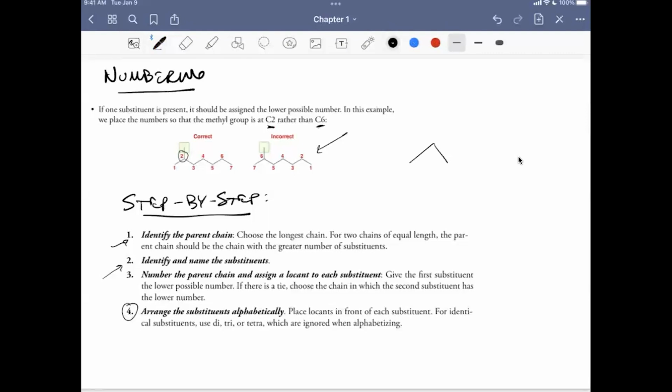Let me just go through one quick example. Let's say we had this molecule with a substituent right there. Let's identify the parent chain, which is 1, 2, 3, 4, 5, 6, 7. So our parent chain is a heptane. We would want this to be a 2 instead of, if we did it the other way, 1, 2, 3, 4, 5, 6, 7, a 6. We would want this to be a 2 rather than a 6. So you want to assign your substituents the lowest number possible.